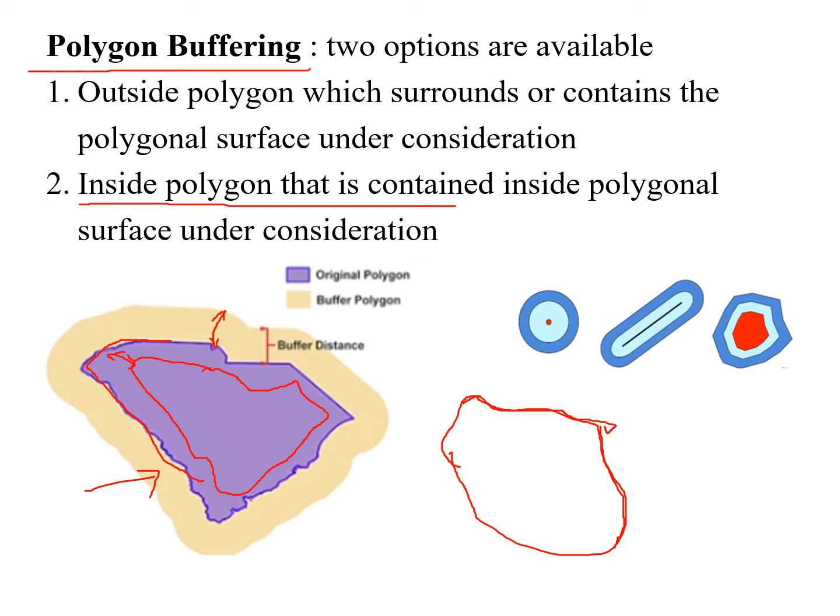This inside water shows the boundary of the village, and water enters into this. So how many houses are going to be affected? If you get the buffer of, let us say, 500 meters, it is possible to explore how many houses are going to be affected by the flood.